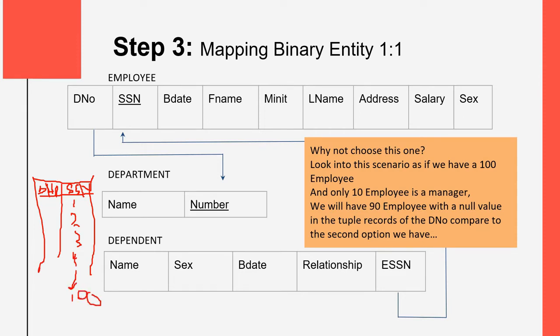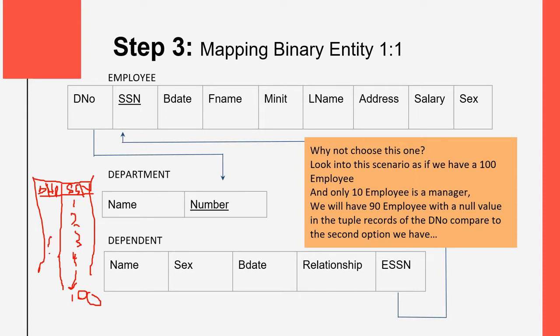Okay, we have this kind of record. Only 10 employees are managers. For example here, employee 3 is a manager at department 1.